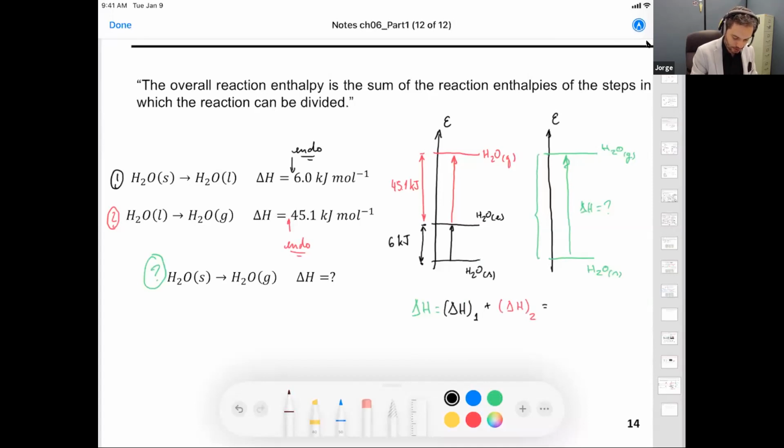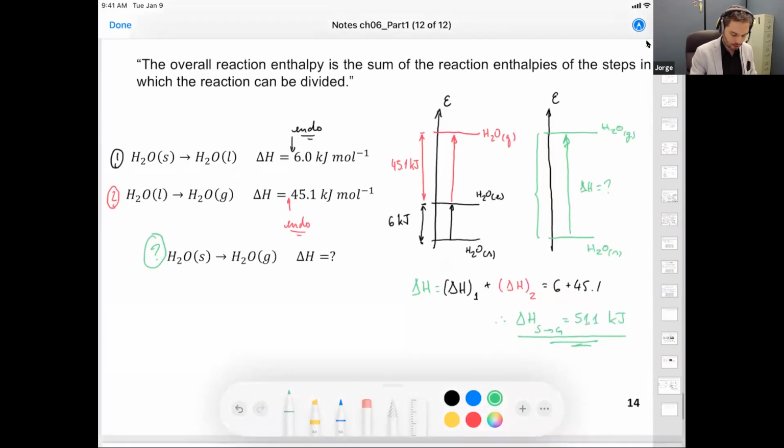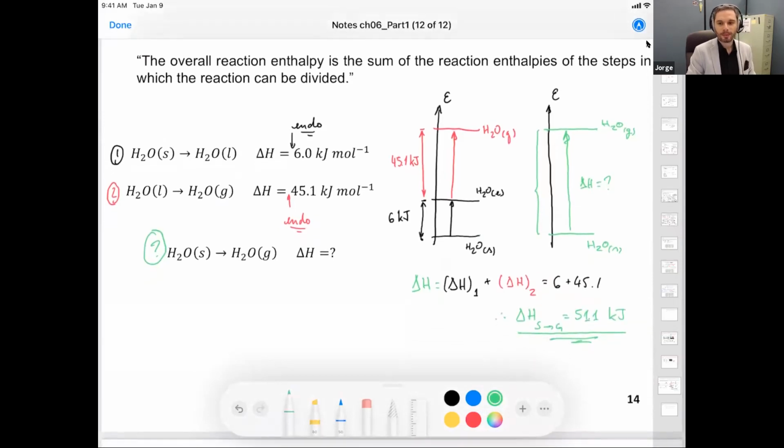And that's going to yield 6 plus 45.1. Therefore, the delta H for the direct transformation between solid and gas is going to be equal to 51.1 kilojoules. Okay, so that's how you can use small reactions to get the delta H for larger reactions or steps that you don't know.